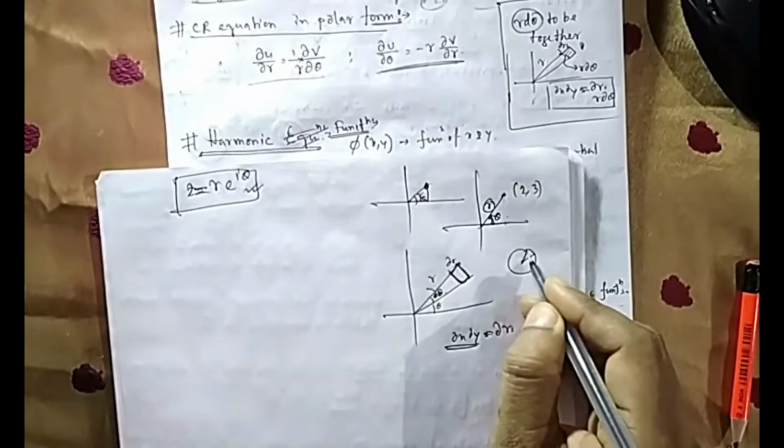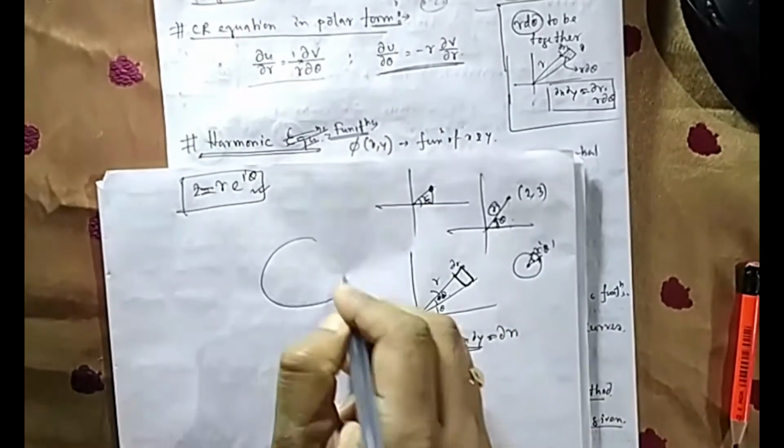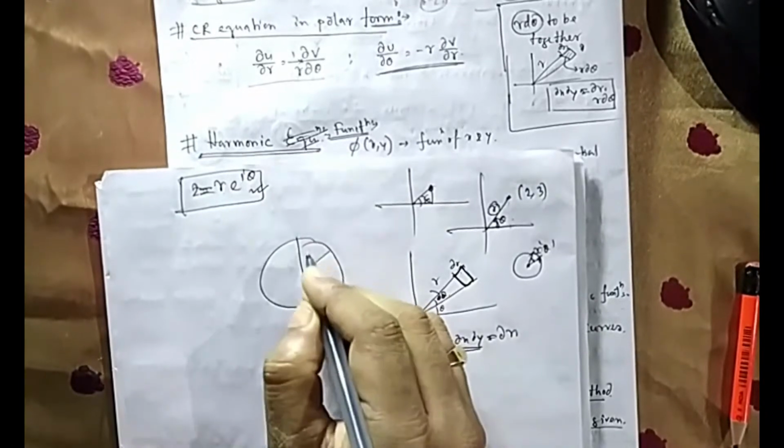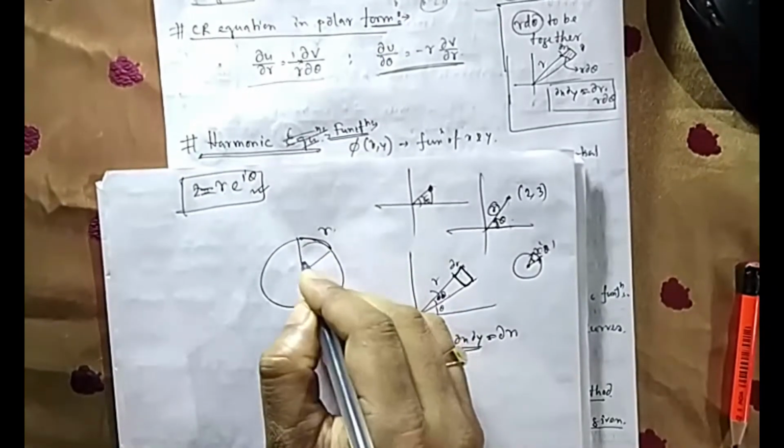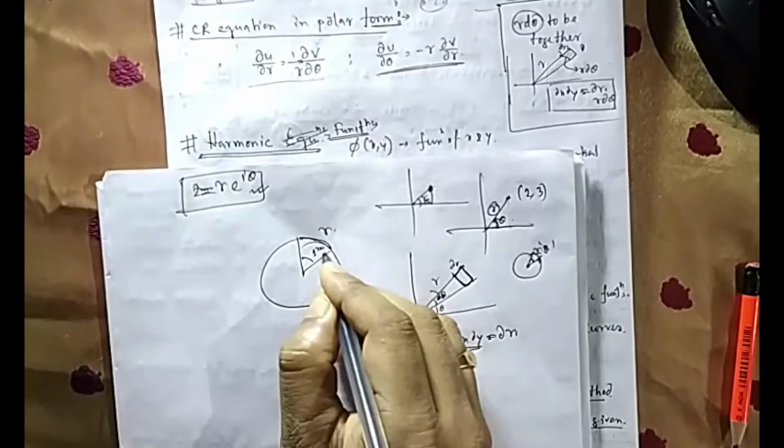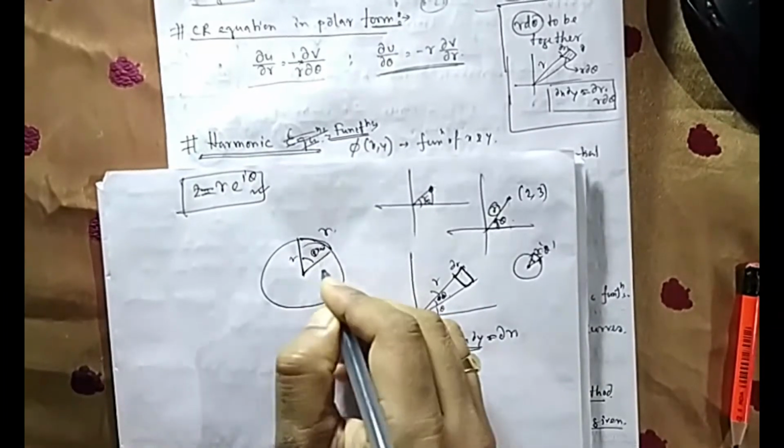Now you can recall your circle. If you take radian, what is 1 radian? Theta is in radian suppose. If the arc length is equal to r, then the angle it creates is known as 1 radian. That is the definition of radian.